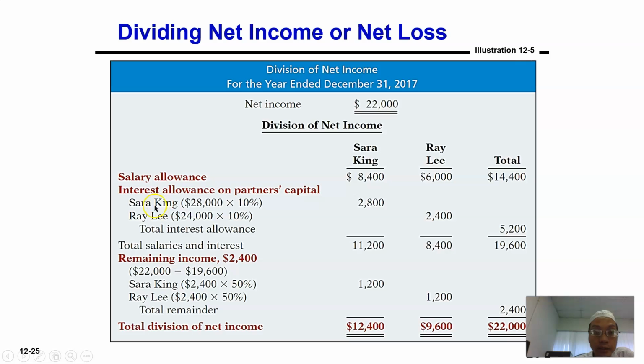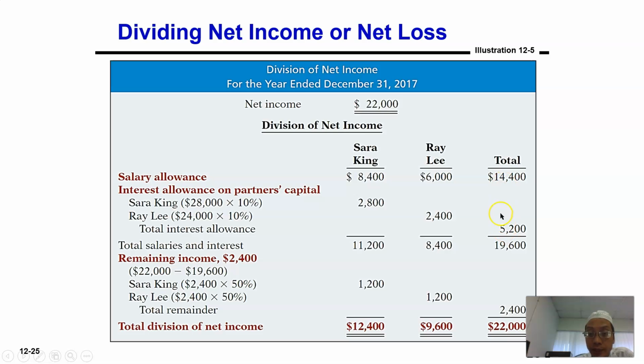King is receiving 10% of her capital of 28,000, which is 2,800, and Lee is receiving 10% of his 24,000 capital, which is 2,400. The total of the interest allowance, 2,800 plus 2,400, comes to 5,200.